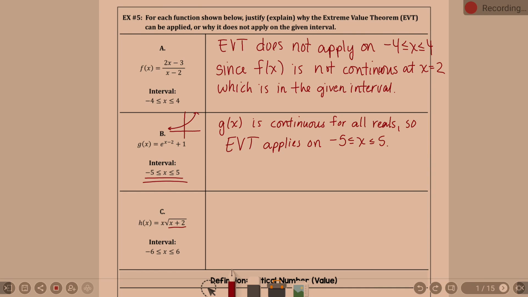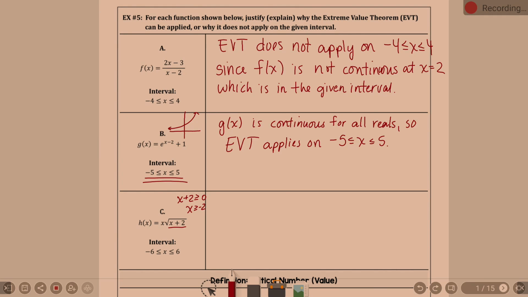So what we know here is that because there's x plus 2 under the square root, x plus 2 has to be greater than or equal to 0, which means x has to be greater than or equal to negative 2. So to the left of negative 2, what does this graph probably not do? Well, it probably doesn't exist.